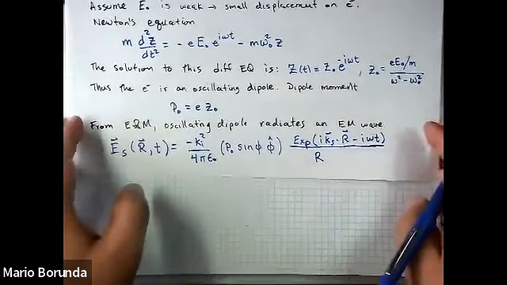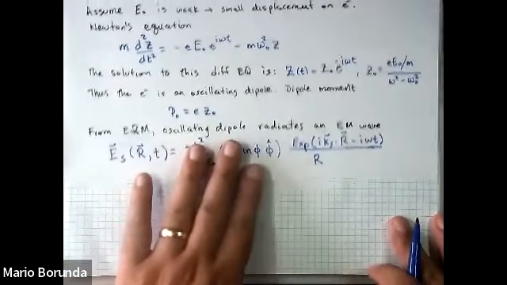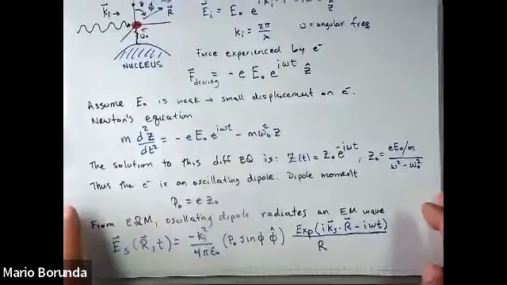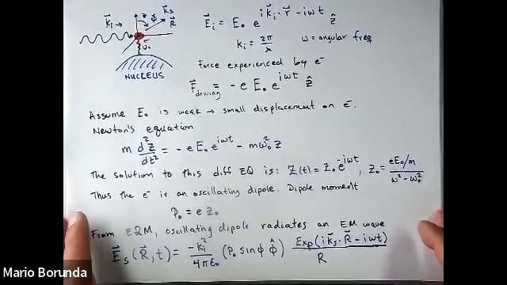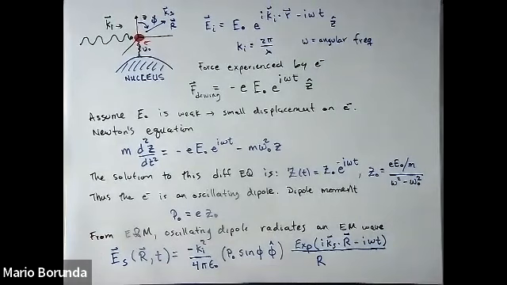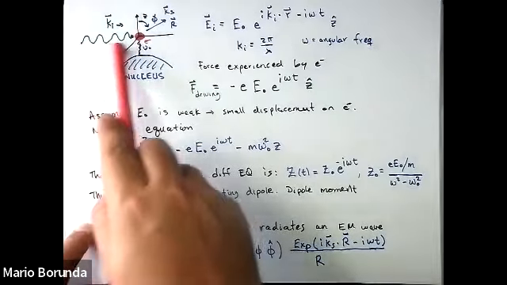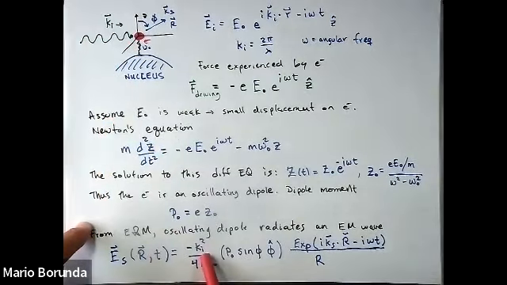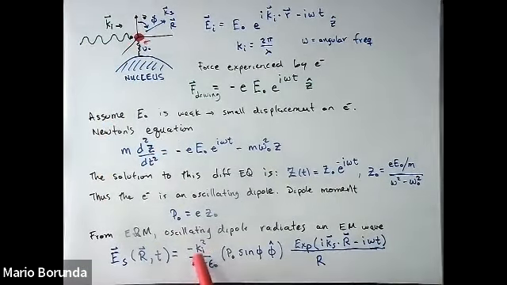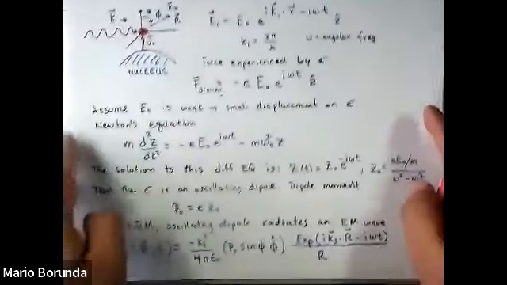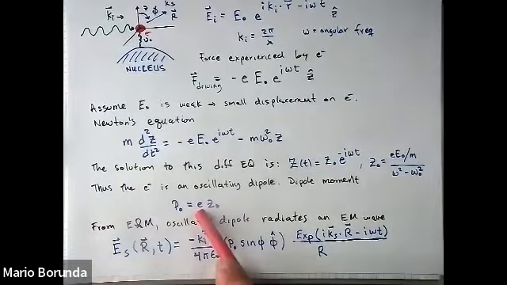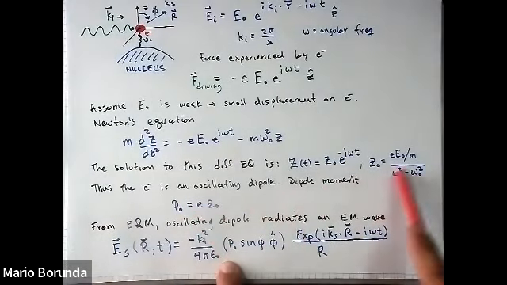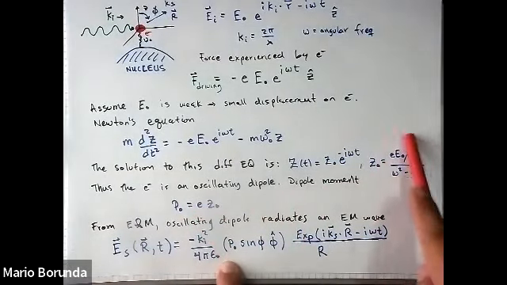All right, so we have this one right here. Let me bring this picture up here. Hopefully we can see the whole screen. So incoming radiation in this direction, that term is there. That's the inverse of the wavelength, the wave vector squared. Then we have the magnitude of the dipole moment right here, which is related to these two quantities.